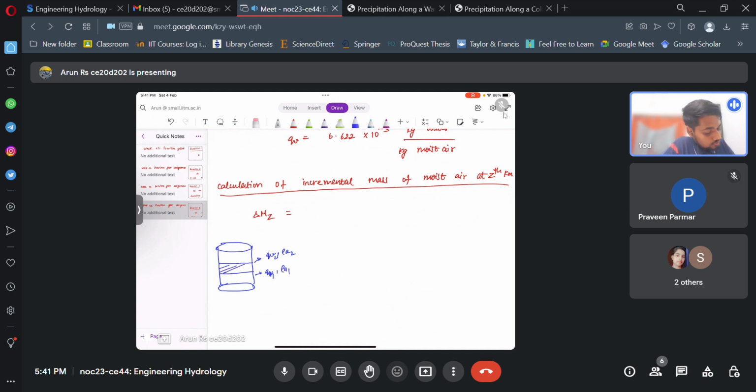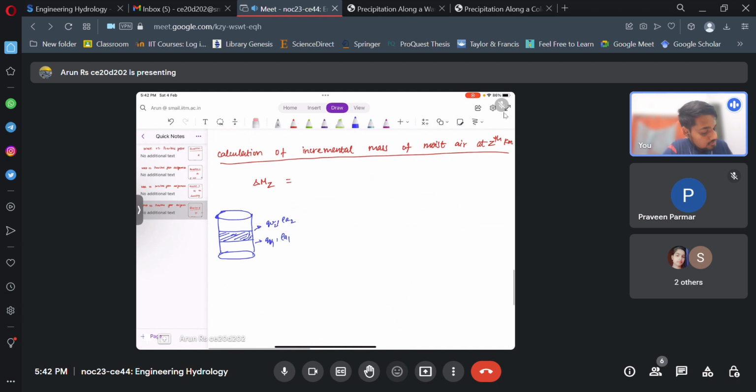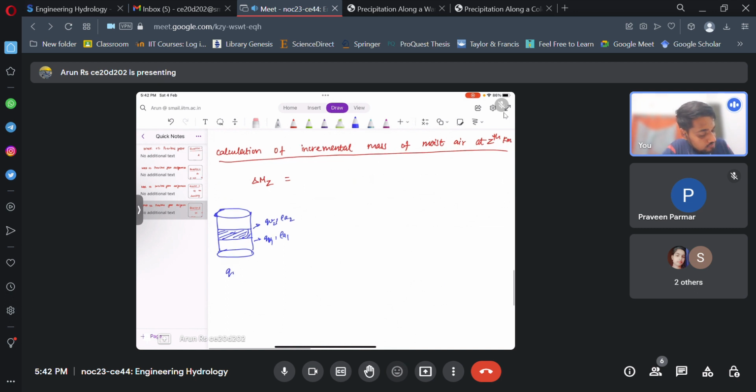Now to compute this, in actual sense, we need to integrate throughout the stratum. But by doing integration or by approximation, it will not give you much difference. So what we are going to do here is, we are just going to take the average value of the specific humidity, and the average value of the density of air.